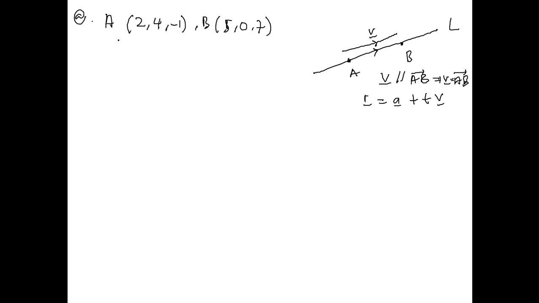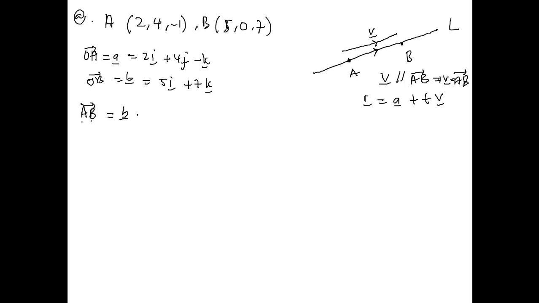So find vector AB first, changing coordinate A to a position vector: 2i plus 4j minus k. And vector B: 5i plus 7k. Vector AB or BA, up to you. Vector AB means vector B minus vector A.